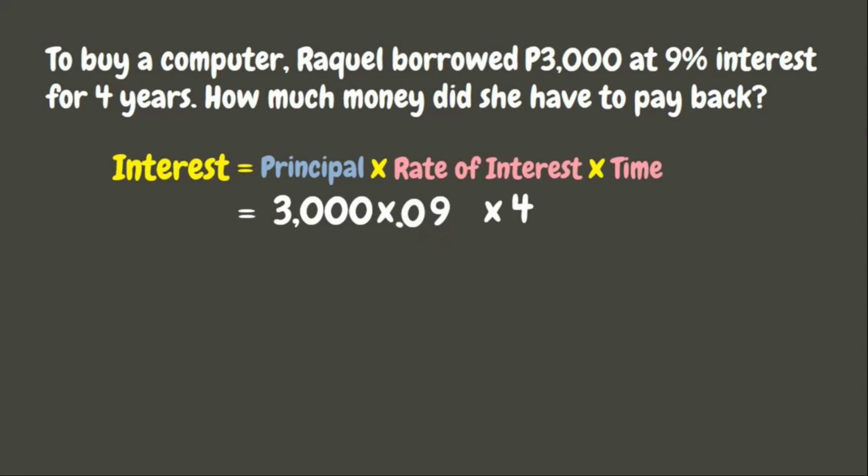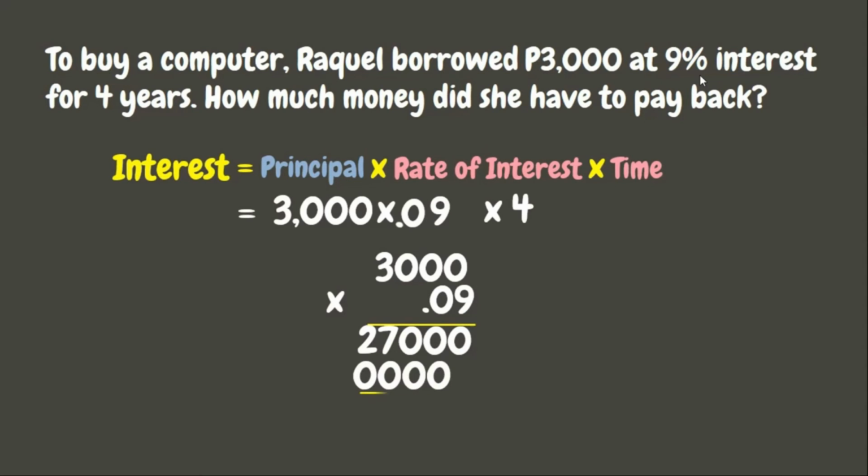There you go. Now, let us multiply 3,000 pesos times 0.09. Since we have two decimal places here, we need to move the decimal point in the product 2 times to the left.